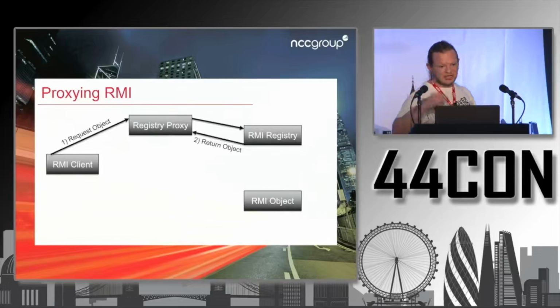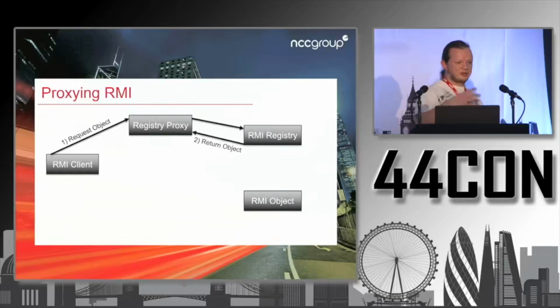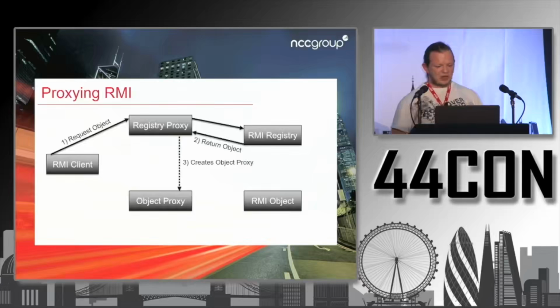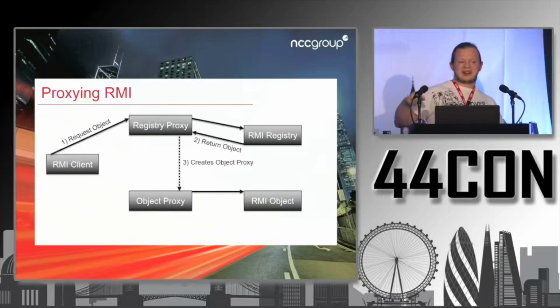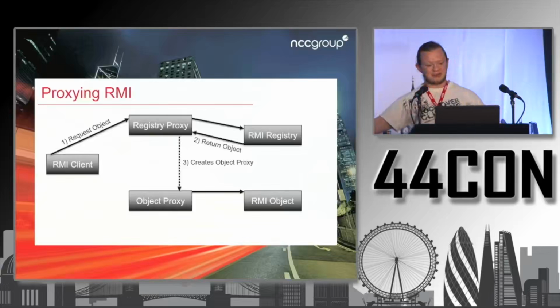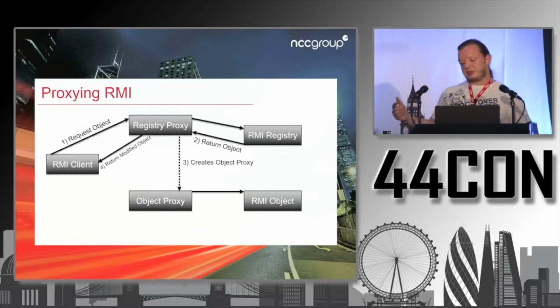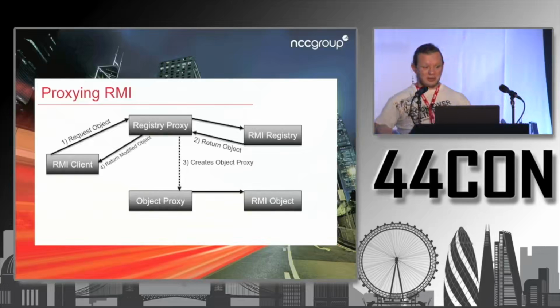At that point, we intercept the object, we decode the contents of the packet, and we start up an object proxy. And we configure this object proxy to connect to the real RMI object. We then modify the packet that came back from the registry before we send it back to the RMI client, and the modified packet points at the object proxy on localhost on whatever port that's on.